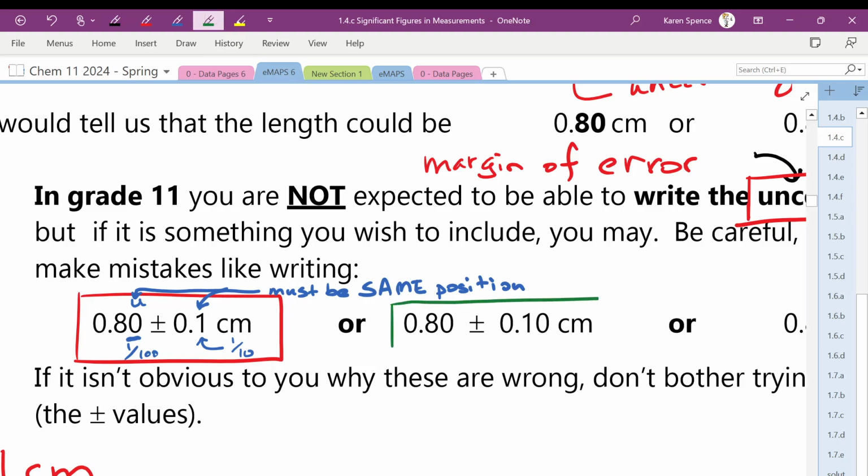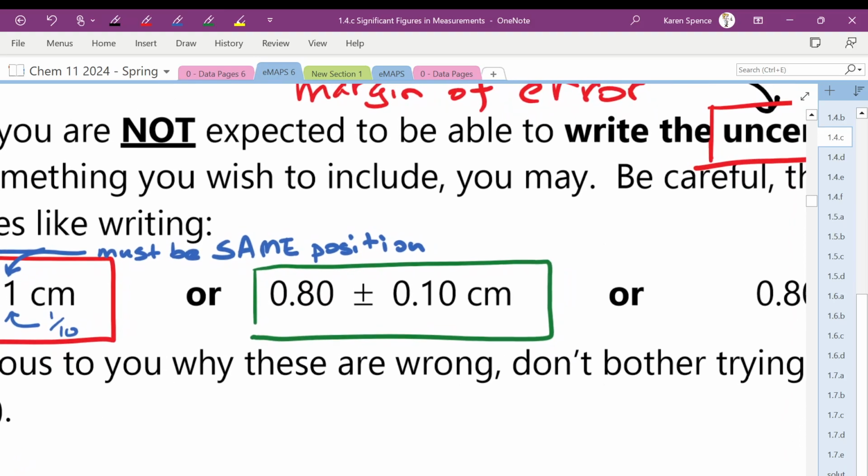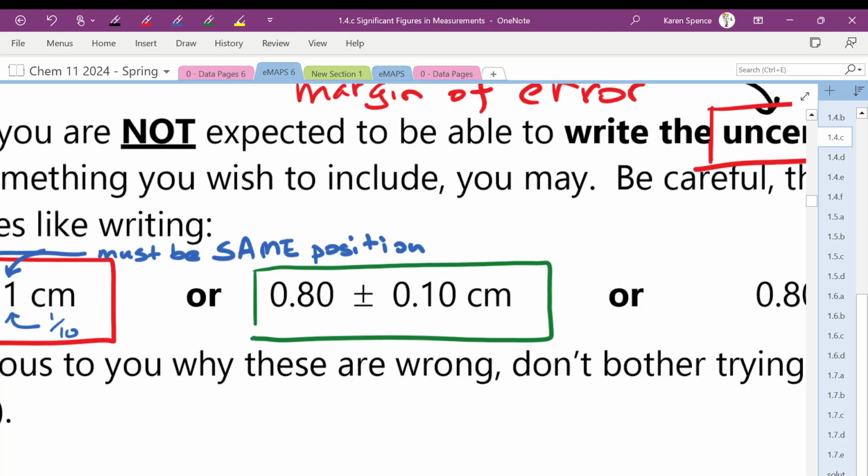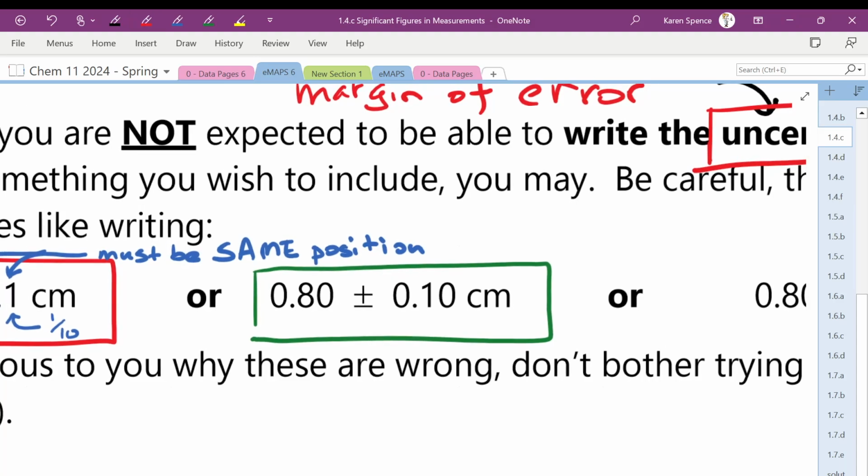What's wrong with the one in the green box? What's our uncertain digit?